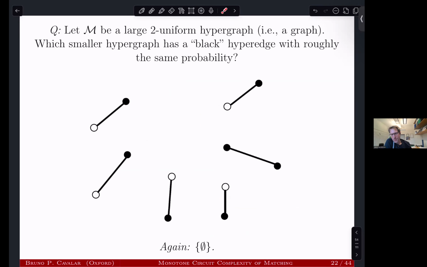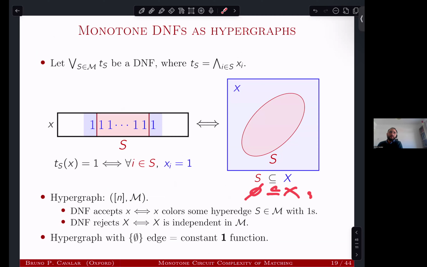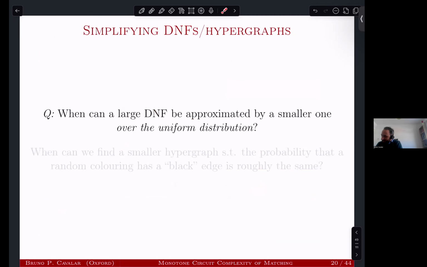The other intuition I was trying to give is that you can think of this as having to satisfy this condition: the empty set is contained in your input. And that's always satisfied. Every input contains the empty set. Does that make sense? Yes, I think so. Okay, good.